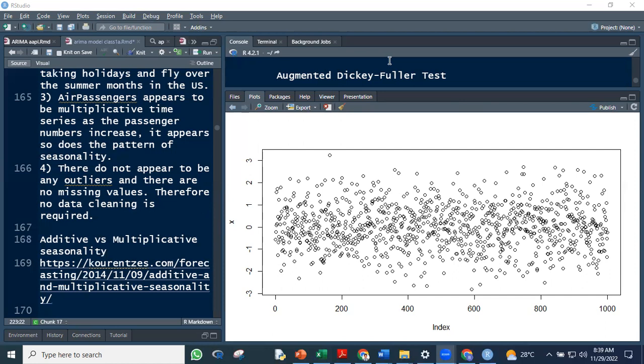Kindly check if you were able to do that, generating the augmented Dickey-Fuller test showing that it is stationary. And the plot you saw for the earlier data was really not stationary. This one is stationary, sorry. Waiting for the others to please check if you got it.